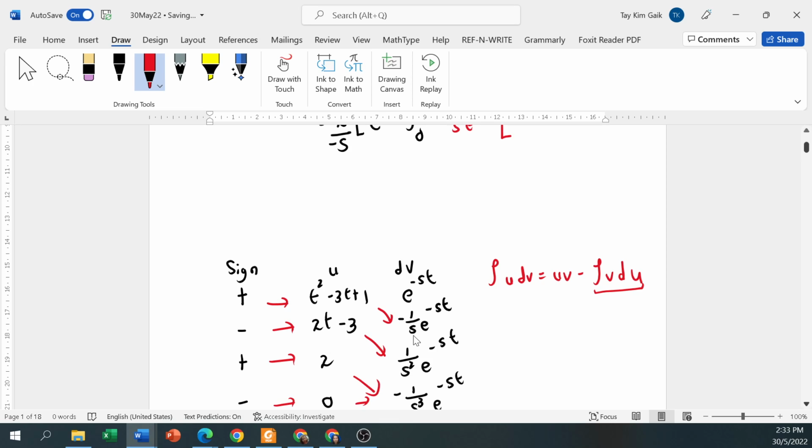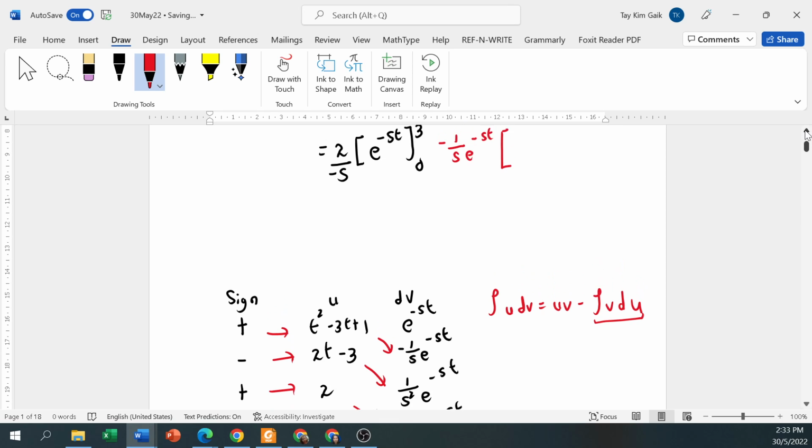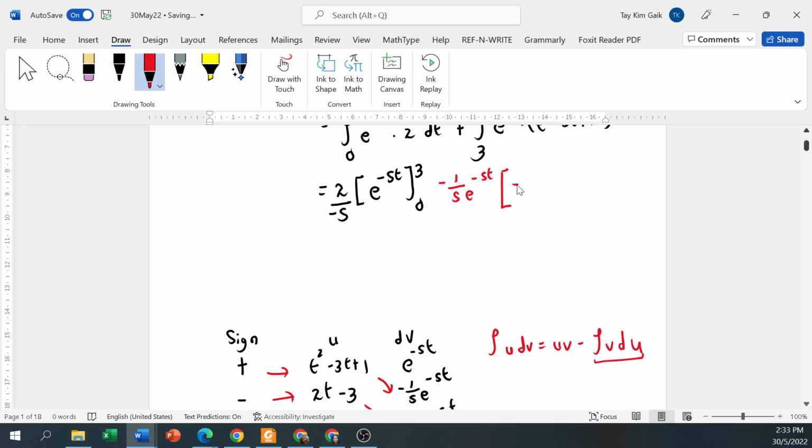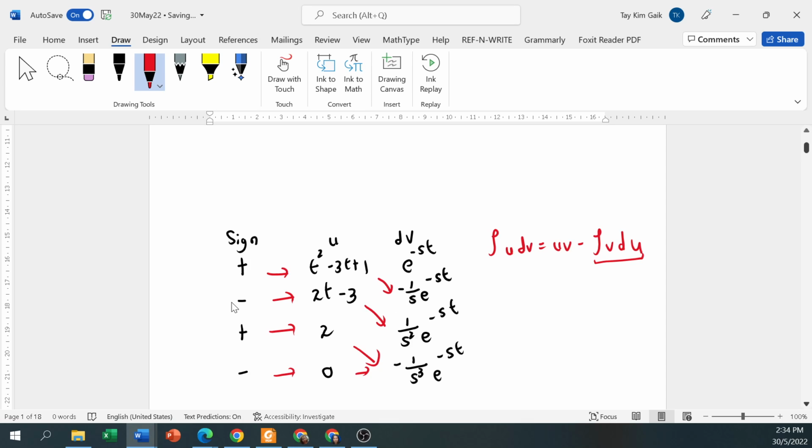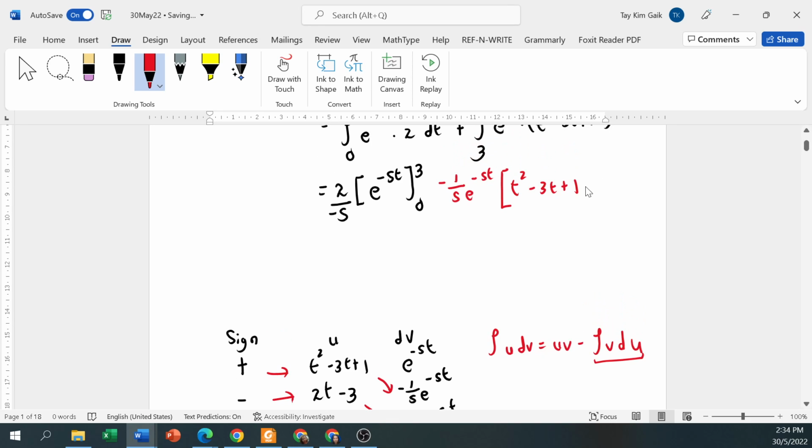So we factor out this term, multiplied with t squared minus 3t plus 1. For the first case, the slanting arrow there. The second result: I already factored out negative 1 over s e to the negative st, so what is left is 2t minus 3 divided by s. Since it's negative, after factoring out negative, this will be positive, 2t minus 3 divided by s.